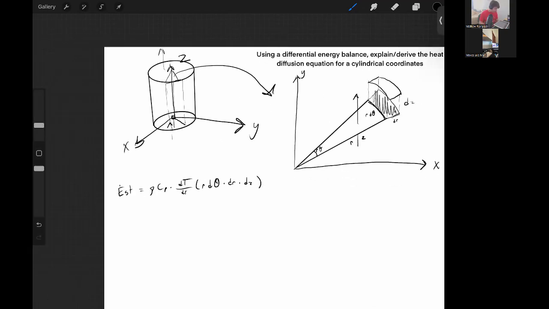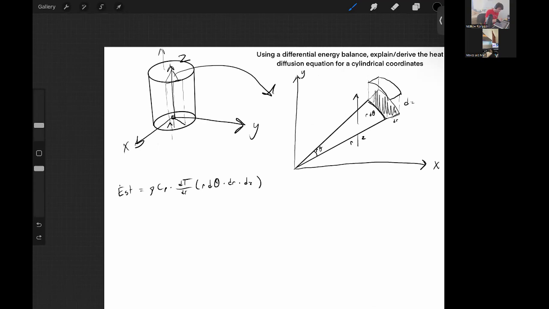Okay, so this makes for a pretty easy energy storage equation, and this also makes sense. We can also say that this makes sense because we have a density that is being canceled out by a given volume, and that leaves us with the mass of it times the heat capacity times a change of temperature, which just leaves us with an energy that's being stored.